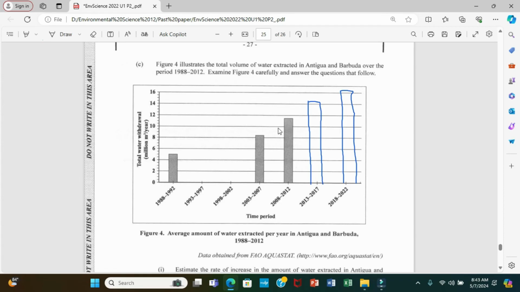So the amount of water extracted has moved up by 3 million cubic meters of water every 4 years. So it goes up by 3 each 4 years. So to get this one right here, it would be 11.5 plus 3. That's 14.5, right? Now 14.5 plus 3 would be 17.5.